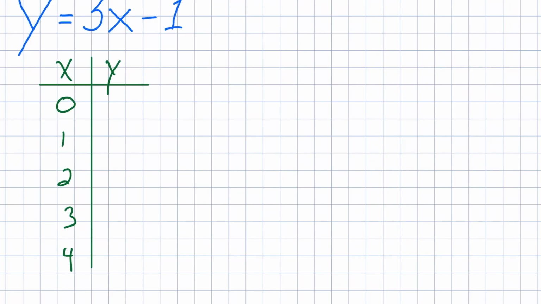So when I plug 0 in, I end up with y equals 3 times 0 minus 1. Well, 3 times 0 is 0, and 0 minus 1 is negative 1. So when I plug 0 into this equation for x, y has to be negative 1. What's that mean? That means that the coordinate 0, negative 1 is part of this graph.